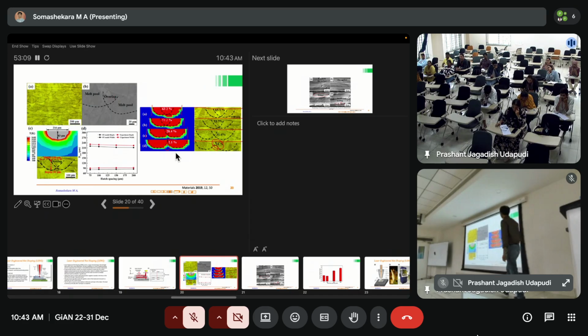You can also see how the beads form when the overlap changes. It is very important, as you see here, that you are not depositing excess material, and at the same time your surface is not compromised, because a few more layers will come on top.